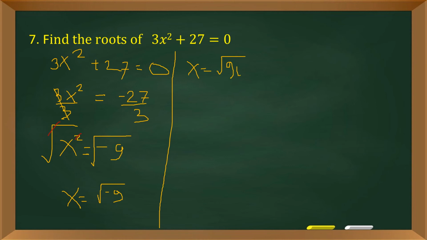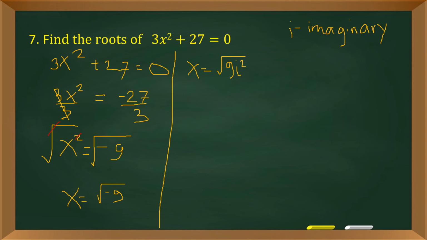So, it becomes i squared. What is i squared? Remember that i stands for imaginary, because our roots will be imaginary. Meaning, they don't really exist. Why?